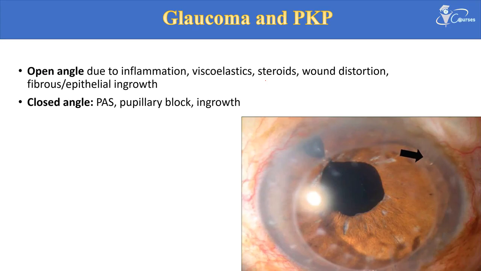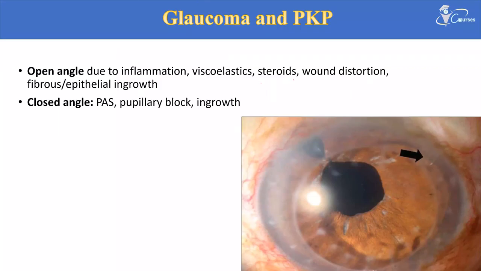So it will be associated with higher risk of glaucoma, and this glaucoma could be either open angle or closed angle. Why does it happen with open angle? Maybe due to inflammation. There could be persistent inflammation post-operatively, resulting in inflammatory glaucoma. Or high intraocular pressure can be due to retained viscoelastics.